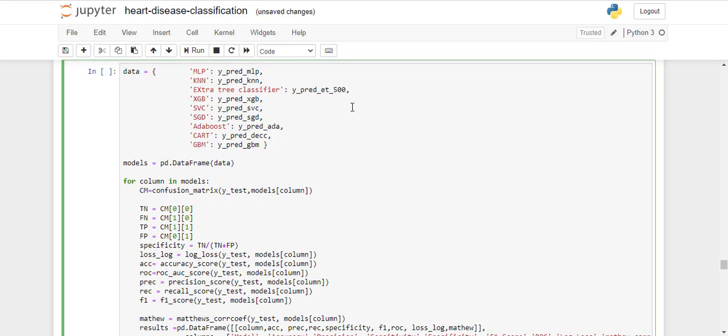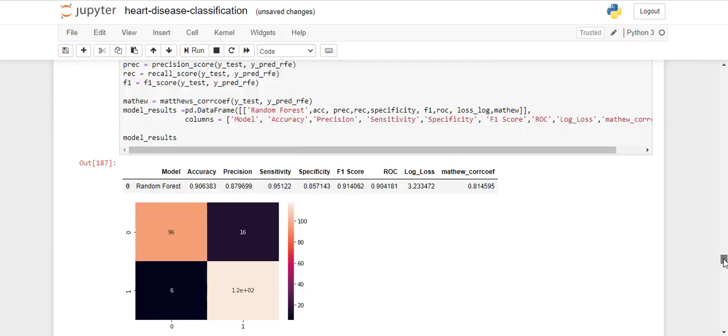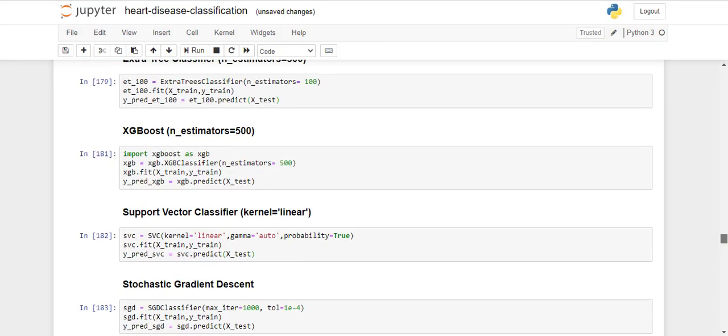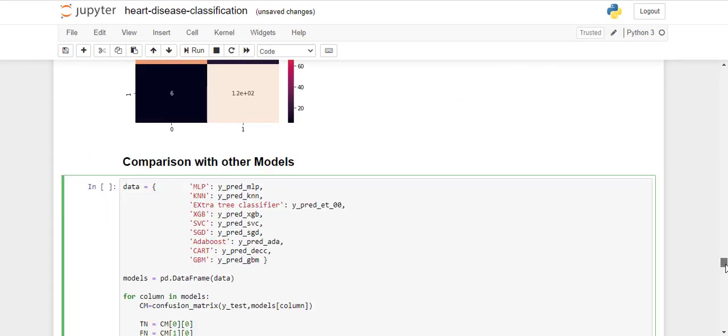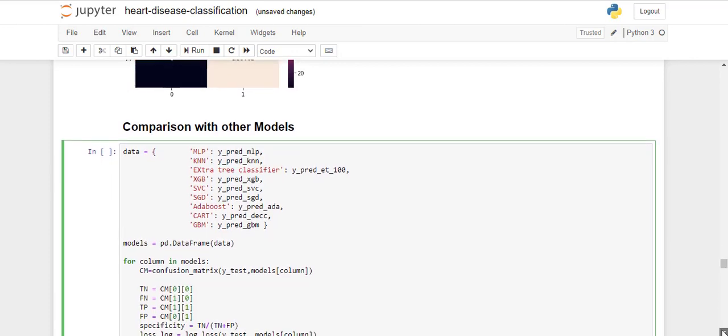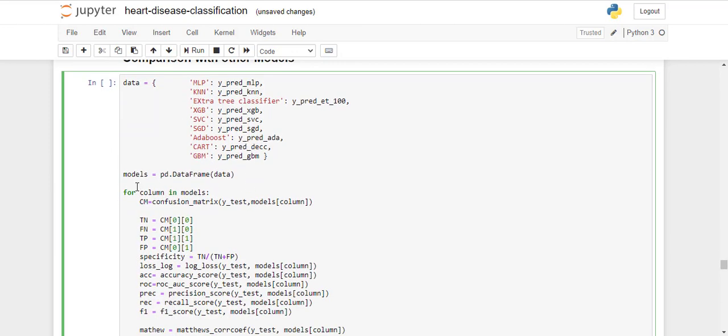This is, I think, 100 or 1000. 100, right? So it is 100. So what we are doing, we have created one dictionary, and in this dictionary we have created one data frame, and we are using a for loop and iterating column-wise.